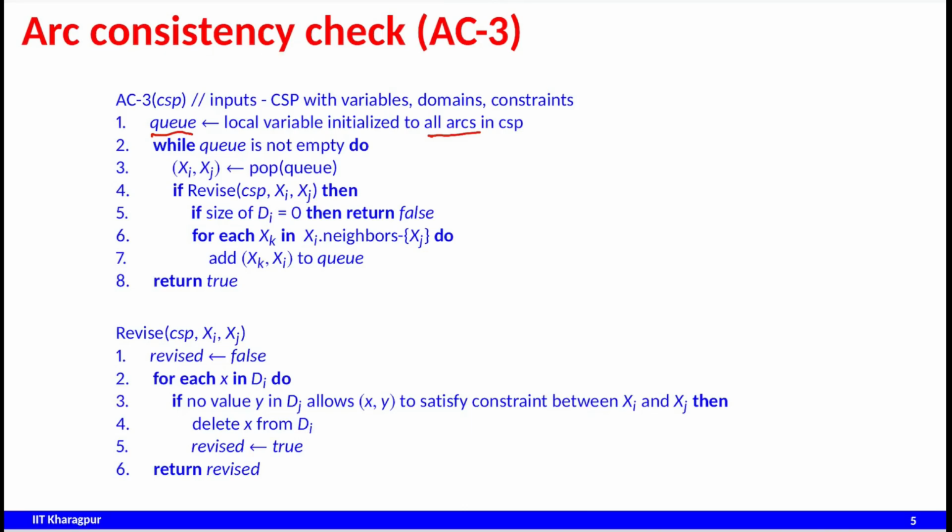Now from the queue we choose one of the edges, and then we check whether we are updating the domain values of xi or not. So we choose one of the edges, let's say xi and xj. It will have some domain di, and some domain dj.